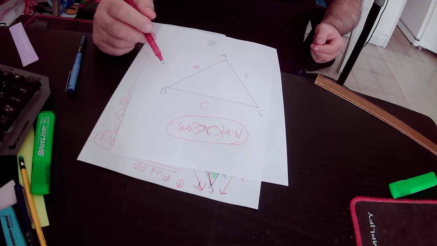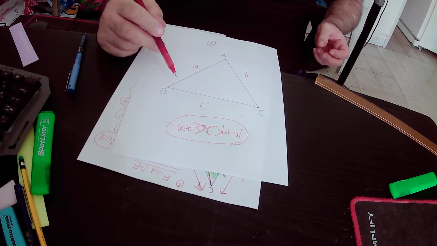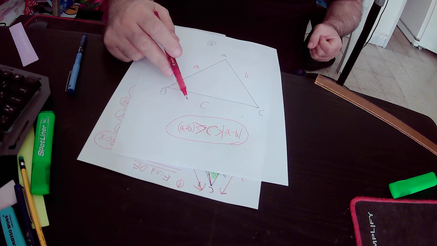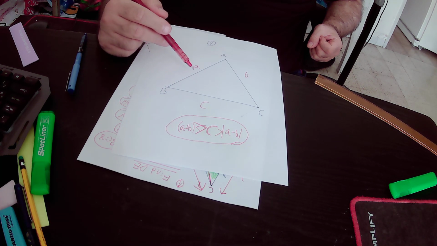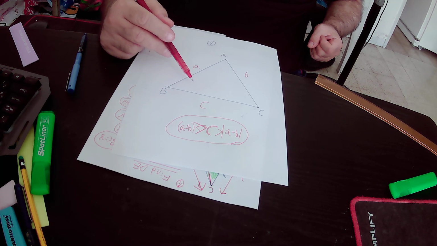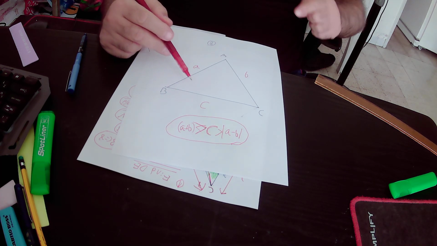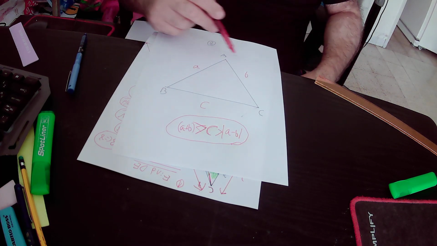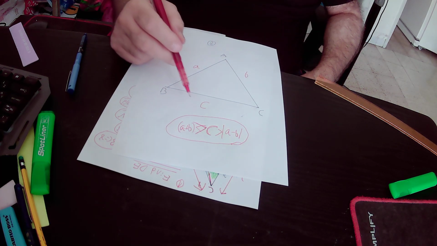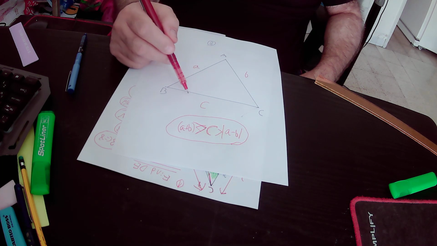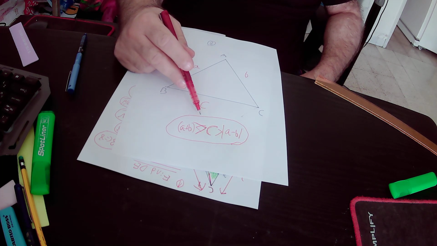because it actually states that the sum of two sides of the triangle ABC is bigger than the length of the third side. That is to say, A plus B is bigger than C. That is the first part of rule number 4.